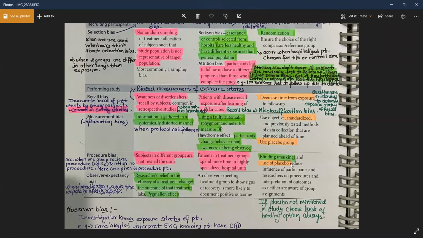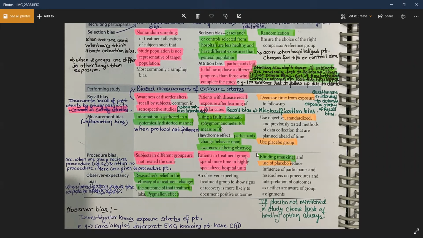But if you give a drug to group B also, which is a placebo group, then because they know that they're receiving some kind of treatment, this placebo group will also change their behavior in the same way as the treatment group. So now you can easily eliminate the behavioral changes of both groups, and now you know that only the effect of the drug could be recorded because the behavior changes are in both the groups, right?